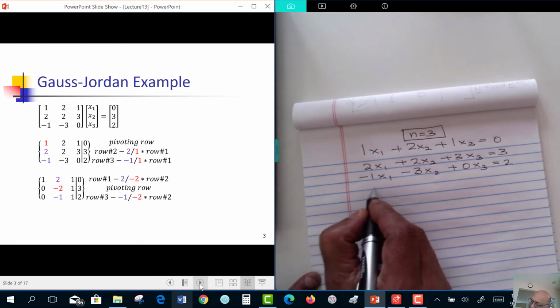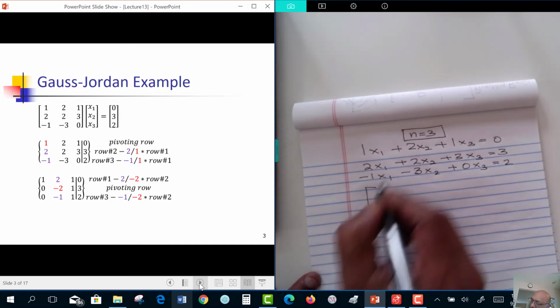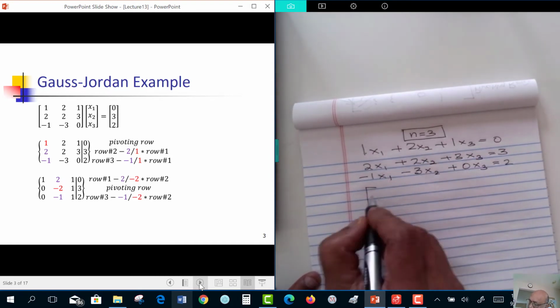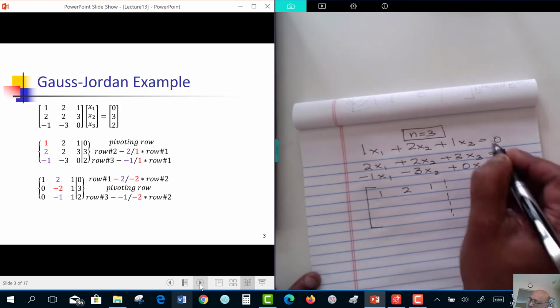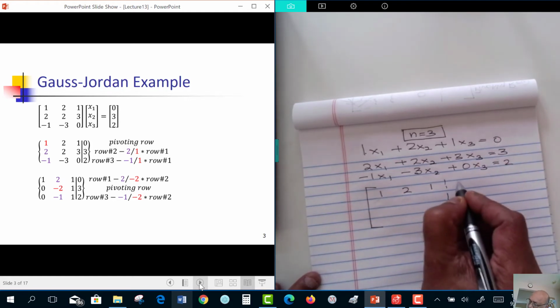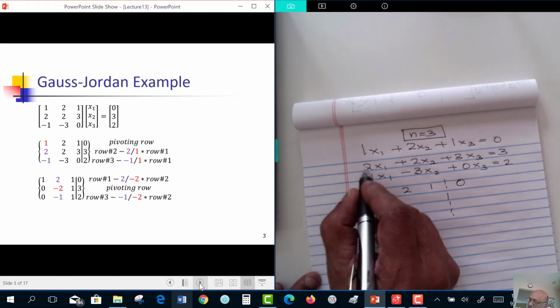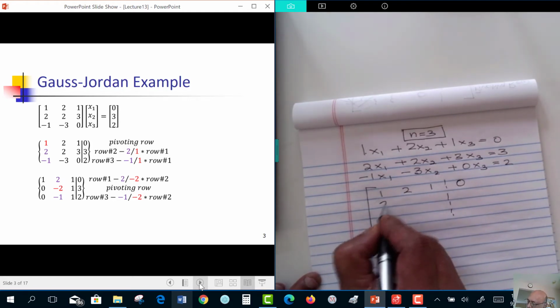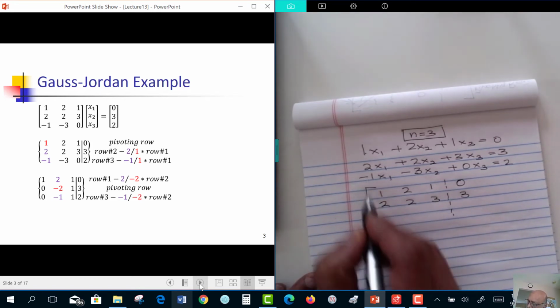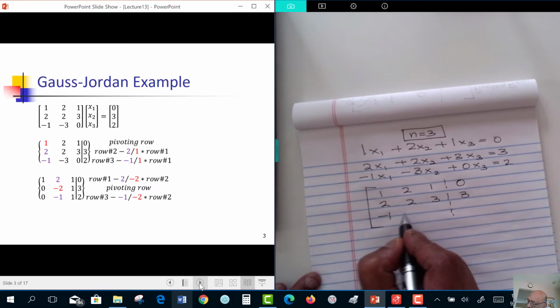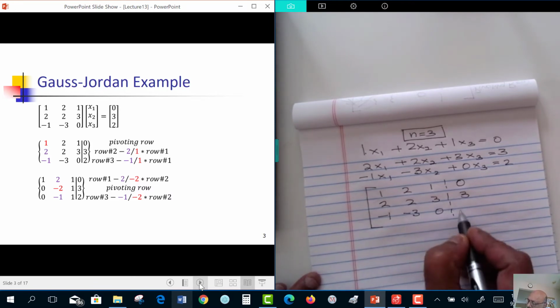And let's write it in a matrix form. So we'll pick up 1, 2, 1, and since we don't know x's, we won't write them, so we'll just write b as 0. 2, 2, 3, 3. Minus 1, minus 3, 0, and 2.